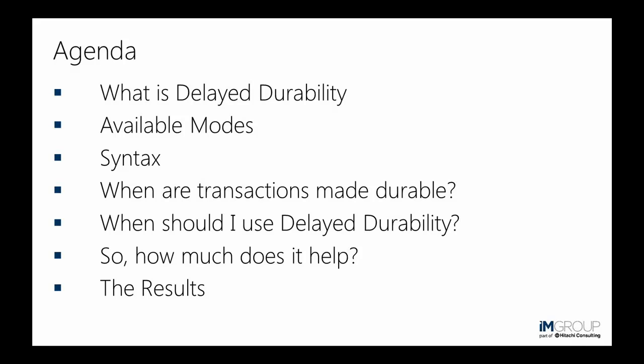So before we move on, let's quickly review what ACID means in the context of transactions. ACID is an acronym standing for atomicity, consistency, isolation, and durability. Atomicity means everything or nothing is written, as in the whole of the transaction is successful or nothing is successful.